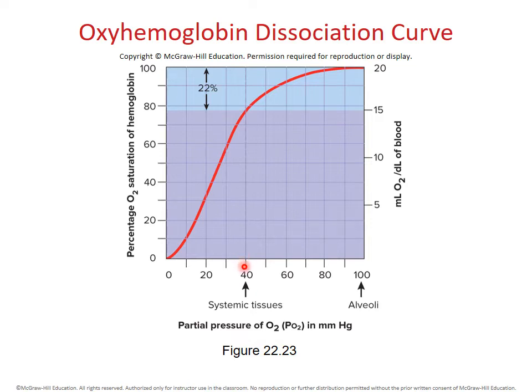So during exercise, we see the PO2 drop quite a bit in the blood that serves the skeletal muscles. So it wouldn't be uncommon for the PO2 of that blood to drop down to 20.